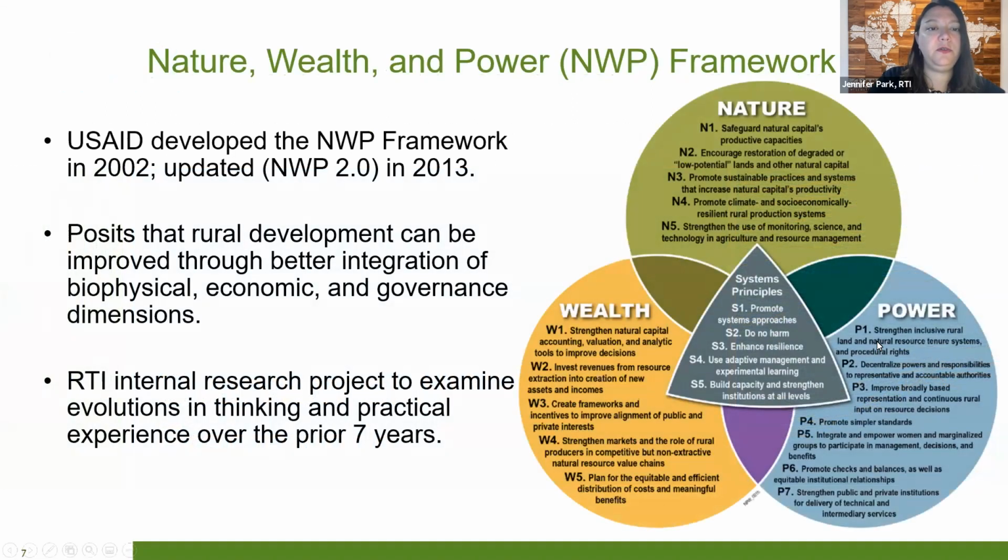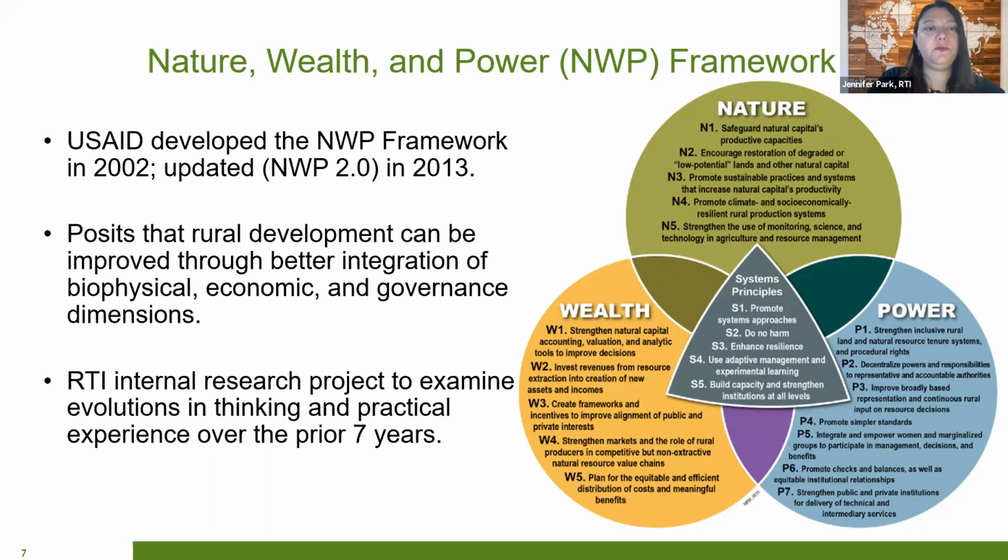So, overview of the Nature, Wealth, and Power framework. Nature, Wealth, and Power was first developed with USAID funding nearly 20 years ago in 2002. And it was then updated in 2013, which is referred to as NWP 2.0. At its core, Nature, Wealth, and Power is a systems approach to development programming.